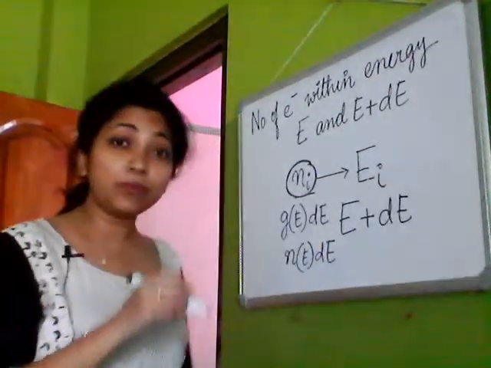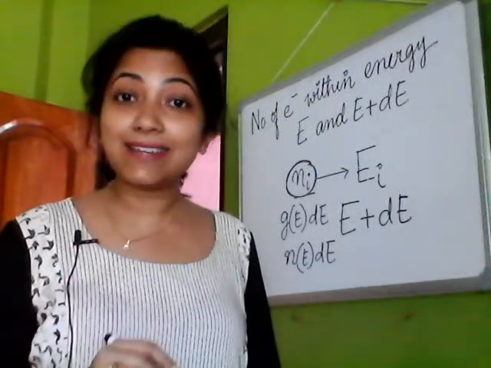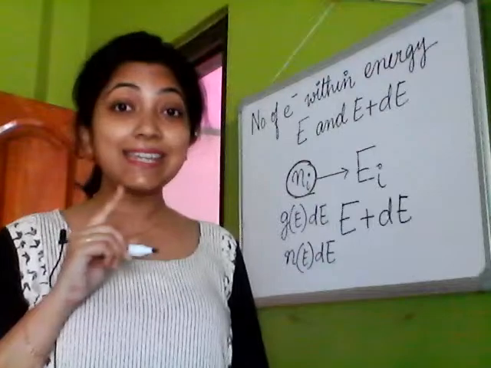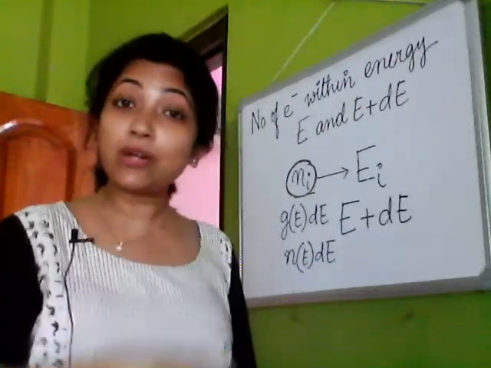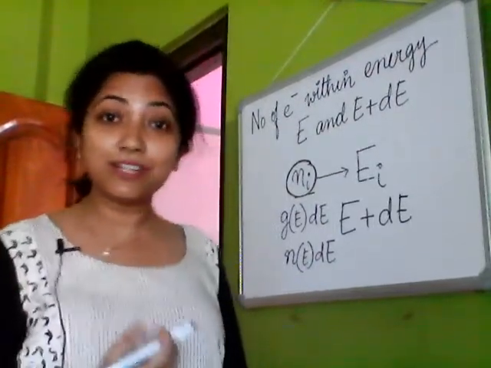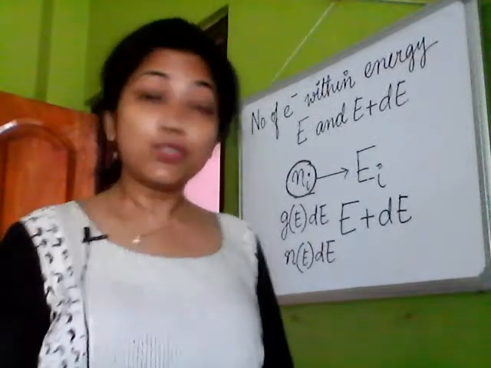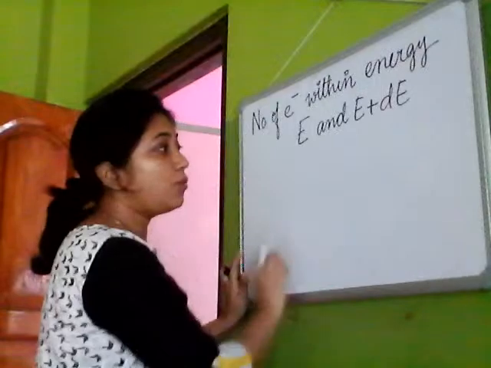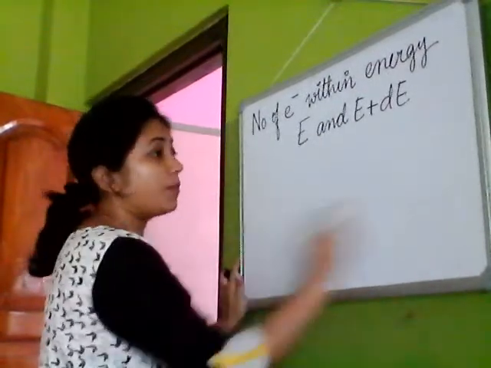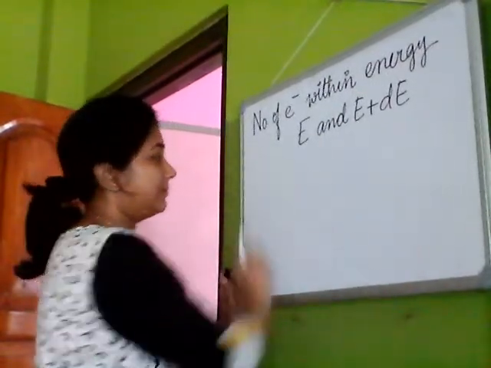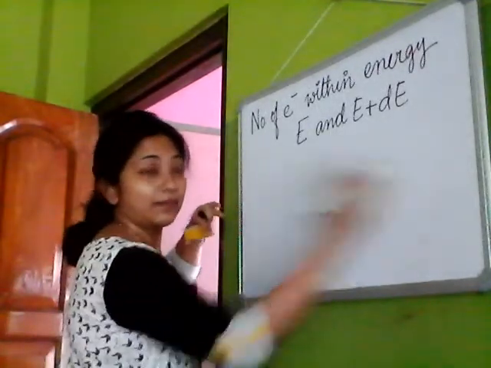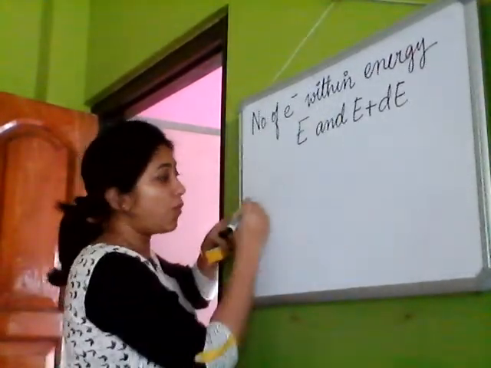And if you go back to yesterday's class, we have already found out what is G(E)dE, or rather, first we found out G(P)dP, then we converted to G(E)dE. So now, do I not have this formula? From discrete, let us go to this range. What did I have?